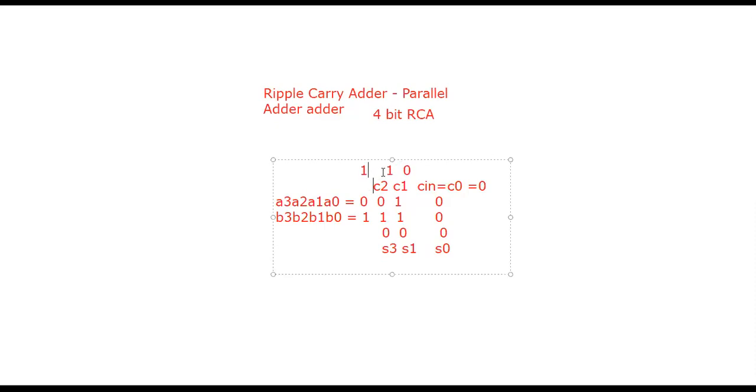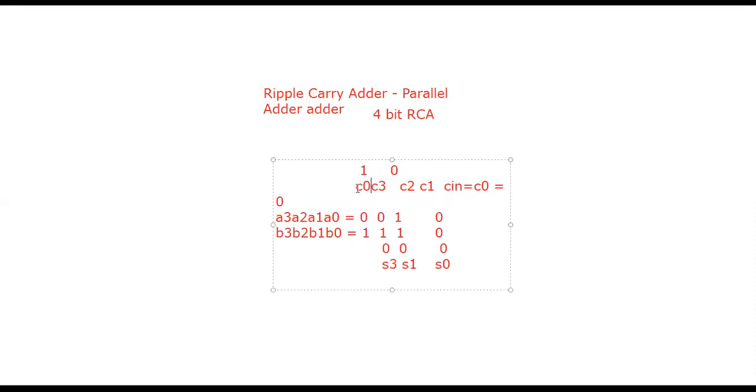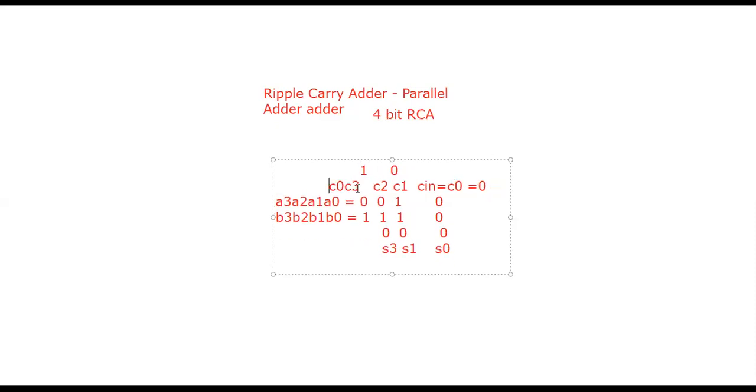Let me label this carry as C3, which is also equal to Cout. C3 will also be equal to Cout.